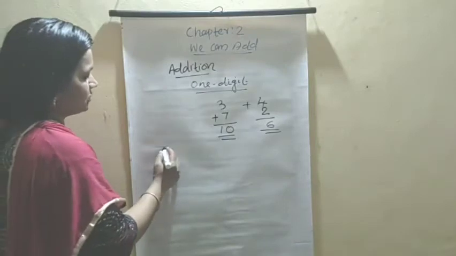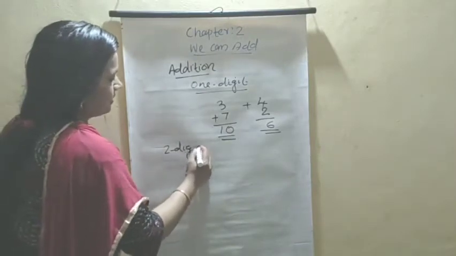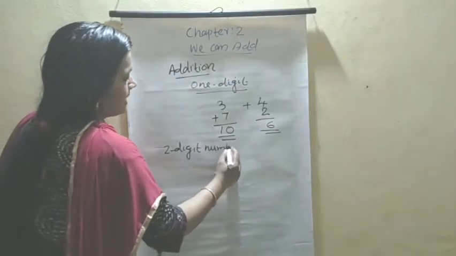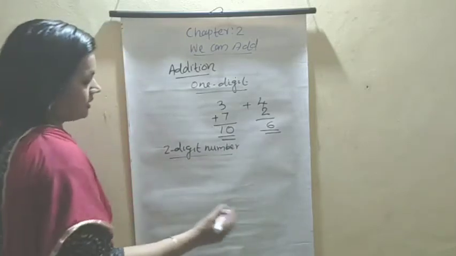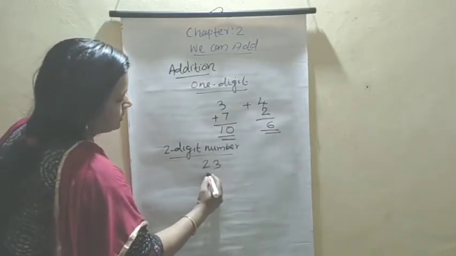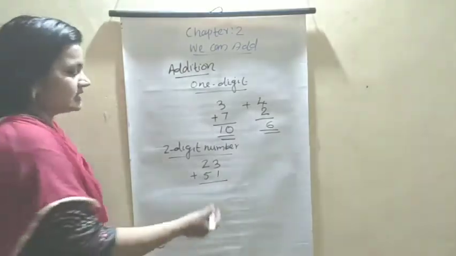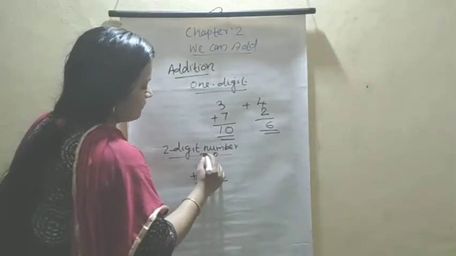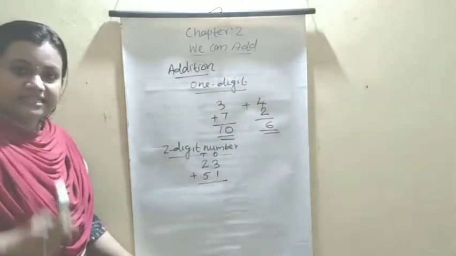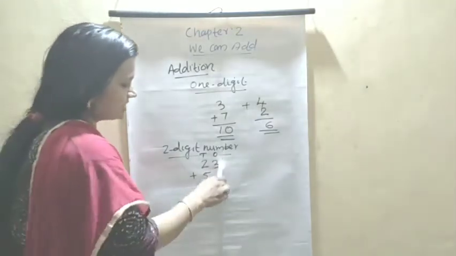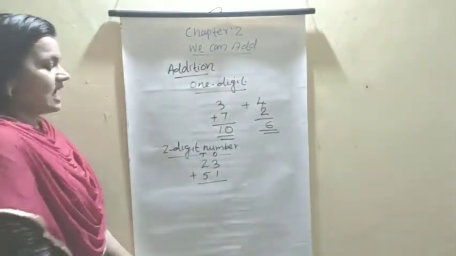The next is addition of 2 digit numbers. Then I write one number: 23 plus 51. Do this. First you start from the ones place. Addition can start from the ones place.